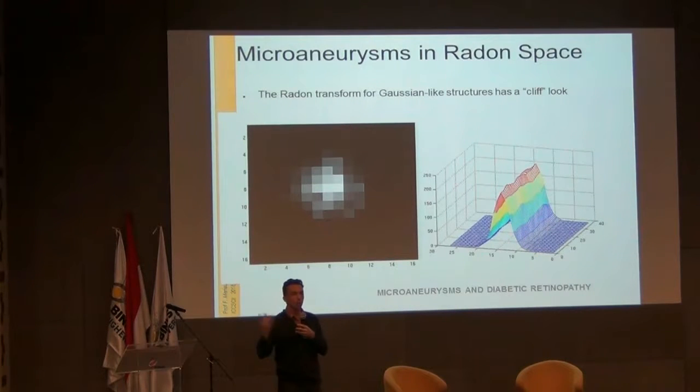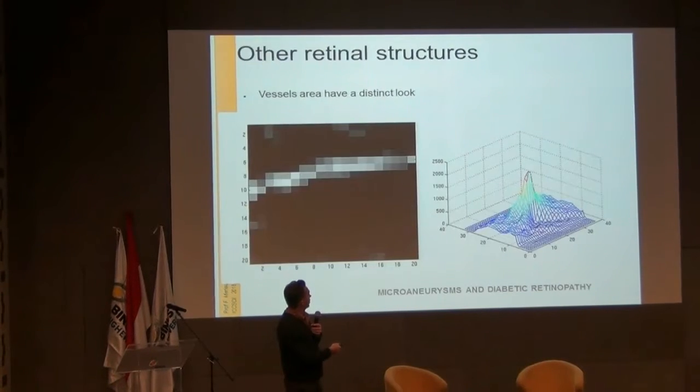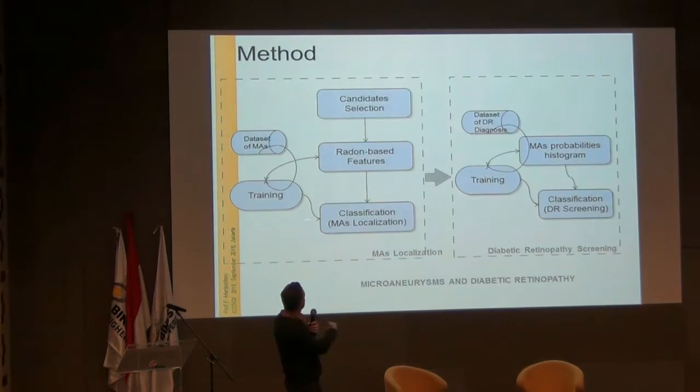So we take a Radon transform of the images, and we extract features within the Radon space. So that's the microaneurysm, we center a window on it, and that's the image of the microaneurysm in the Radon space. We're trying to find this nice ridge of the microaneurysm. Whenever you have a vessel, you see it's still a ridge, but a different shape. So that's the whole system we built.